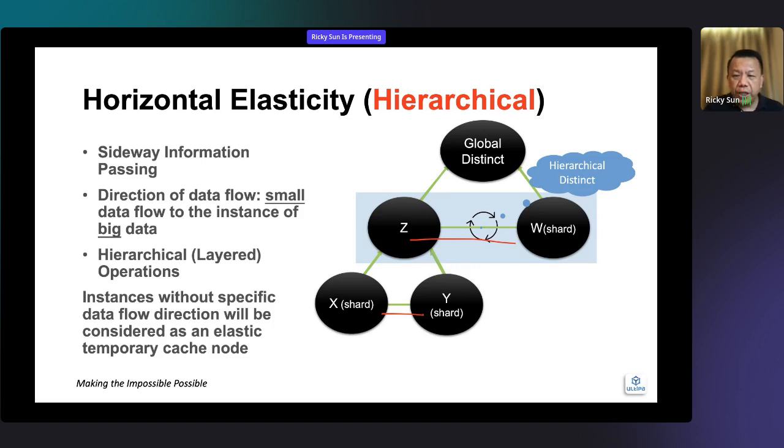Well, what's illustrated here is that going from the very bottom of the two shard instances, things will go up, but there are also sideway information passing for better concurrency, for better scalability, or parallel computing across multiple nodes.